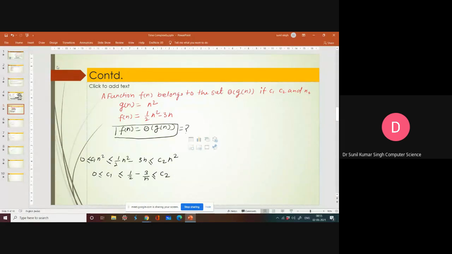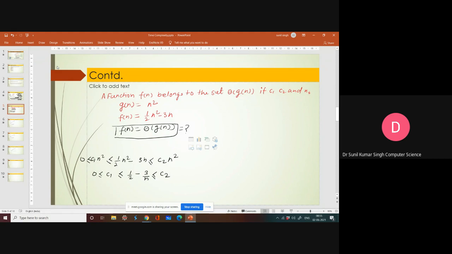Now, as per the condition, it is written that there exist positive constants C1, C2 and n naught. So of course, we have to look for the condition, and you have to also think about these values being positive.